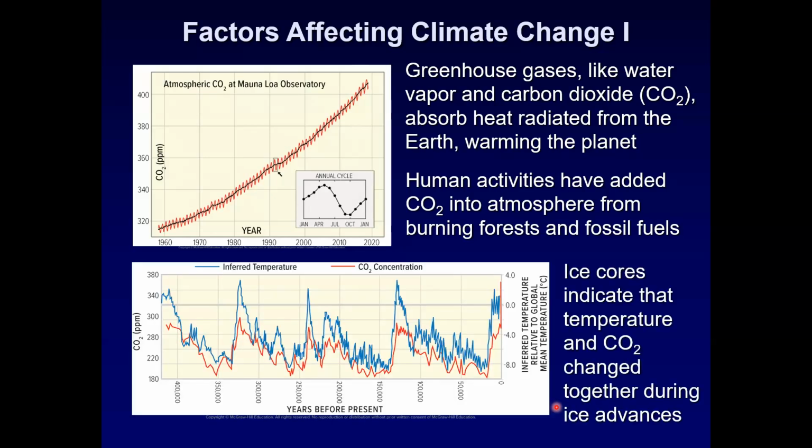There is a correlation here. And then with this graph, we have CO2 with many years before present through ice core analyses. That would indicate that temperature and carbon dioxide change together during ice advances. So more ice.